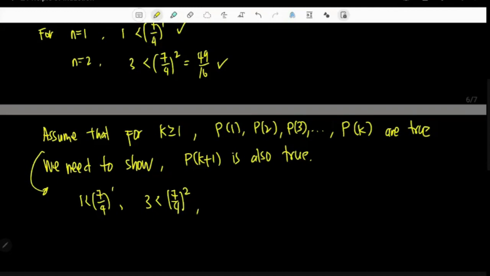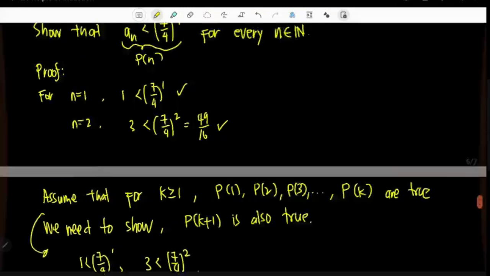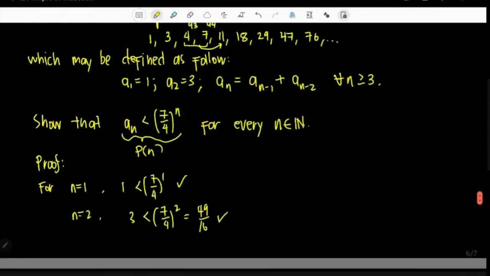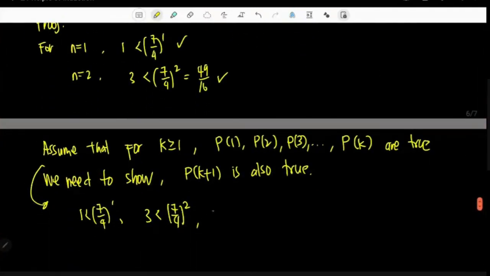Our p of 3, the third term, which is 4, is less than 7 over 4 raised to 3, and so on, up to a sub k, which is less than 7 over 4 raised to k. So that's our assumption. Our assumption is that all of these statements are true.